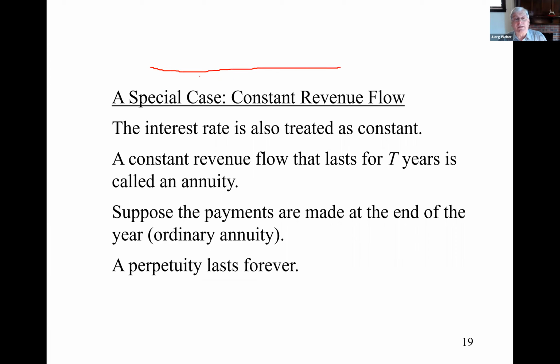So here we are at time 0, and then you have a constant revenue flow. It will be the same amount every year up to year big T. That's your big T here. Now you call that an annuity.